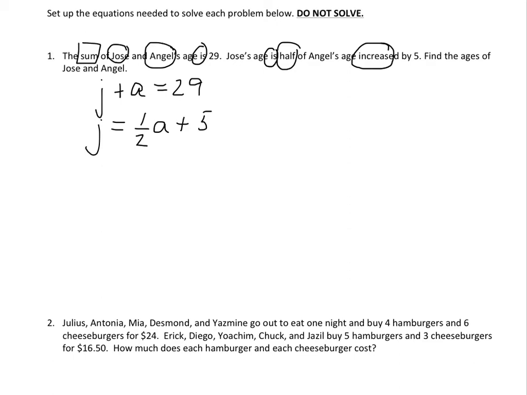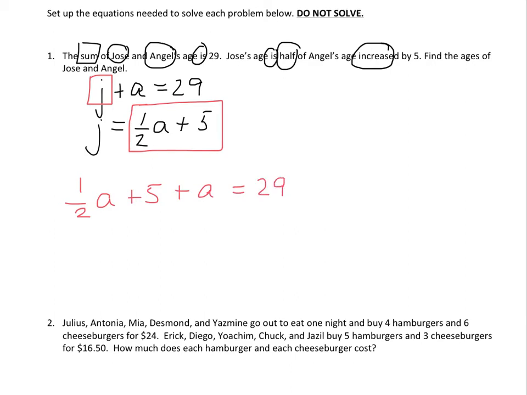So this is set up right now to probably do some substitution. So I'm going to box the 1/2 A plus 5, and I'm going to put that in for J. So 1/2 A plus 5 plus A is equal to 29.